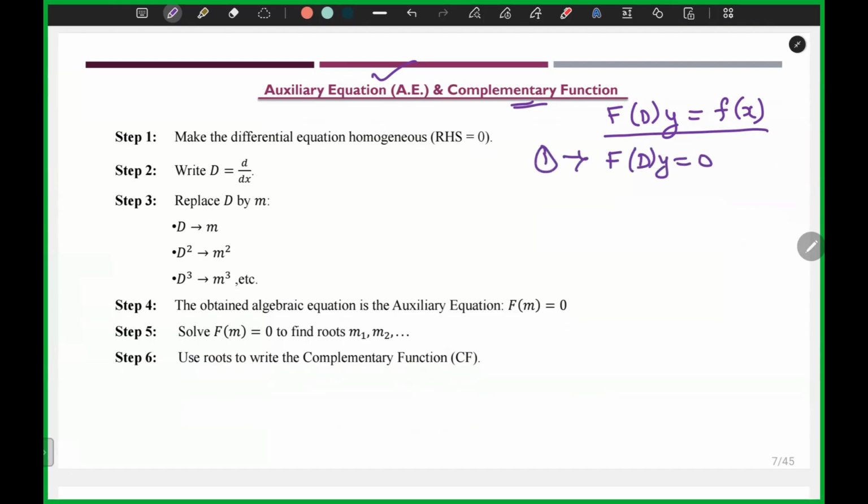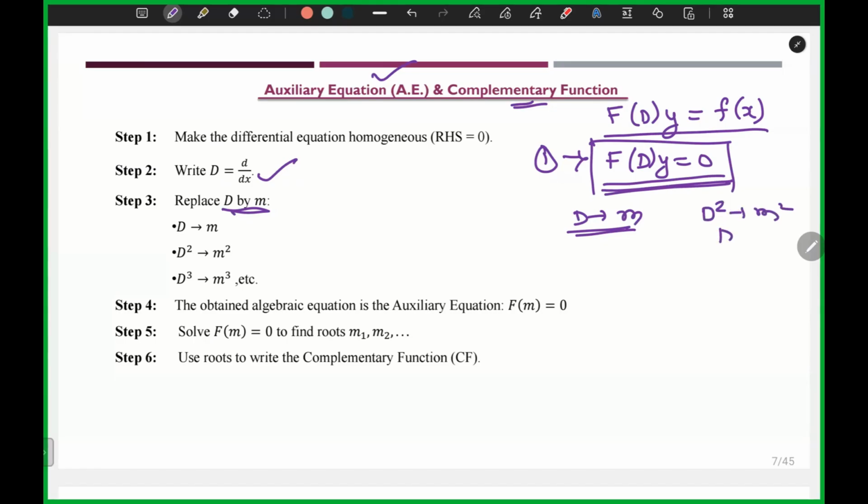This is the first step, and the second step is the particular integral, which we will discuss later. So first we look at how we solve this part. I already told the operator. The next step is replacing D by m, so we get a polynomial. D square will be m square, D cube is m cube, and so on.